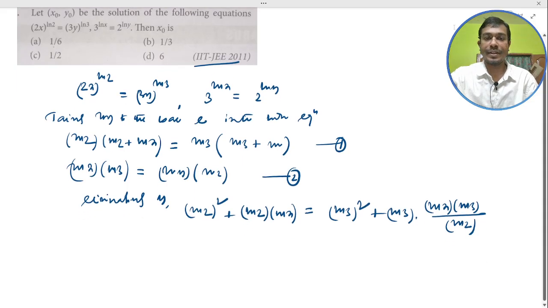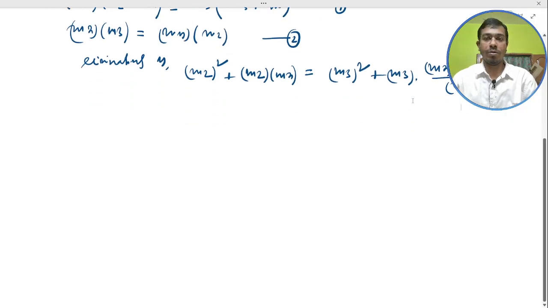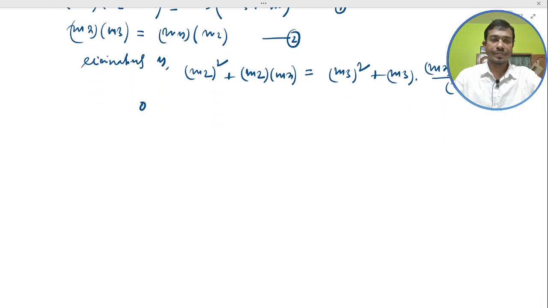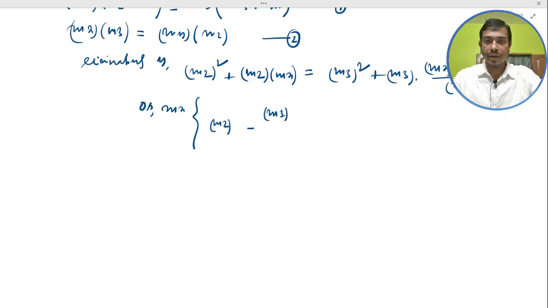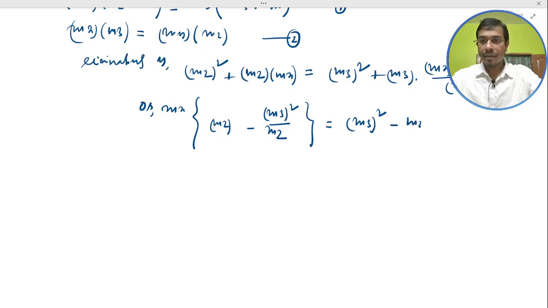Okay, next step. ln x should be common here. Here ln 2 minus ln 3 whole square divided by ln 2 is equal to ln 3 whole square minus ln 2 whole square.